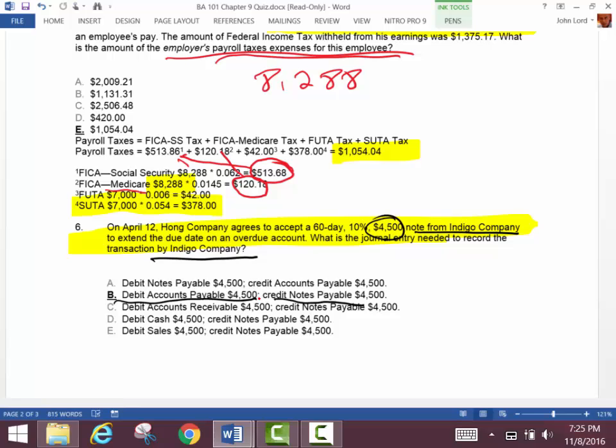Okay? So what's happening? Since they signed a note payable, they are signing a formal agreement saying they will pay that, right? So we credit the note payable, and they already had an account payable that they're going to take off the books because they traded this account payable for a note. Apparently they got late and the seller said, well, look, we used to trust you, and we just said, hey, pay us 2/10, net 30, whatever it is.